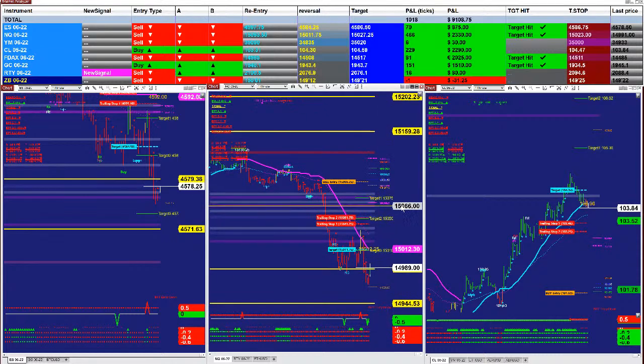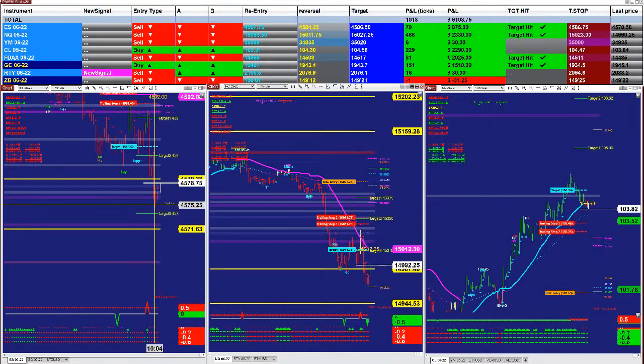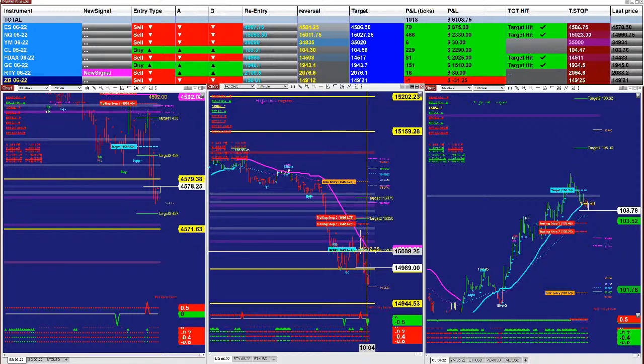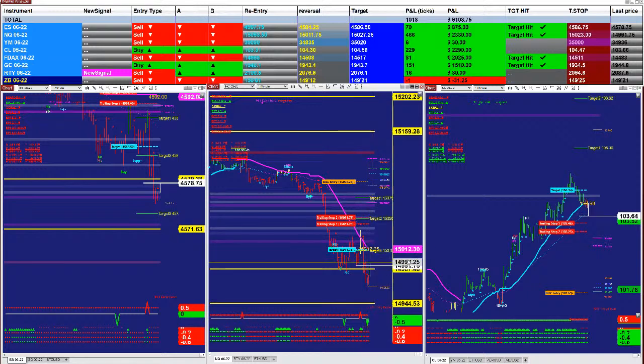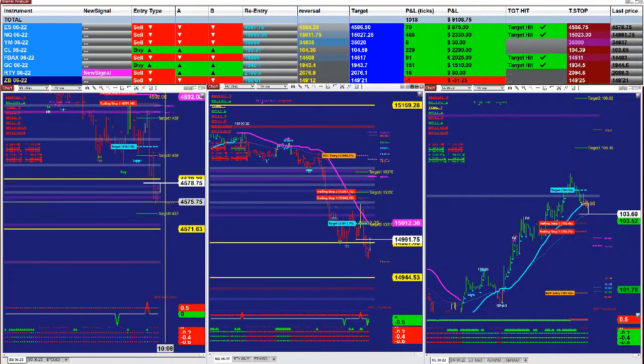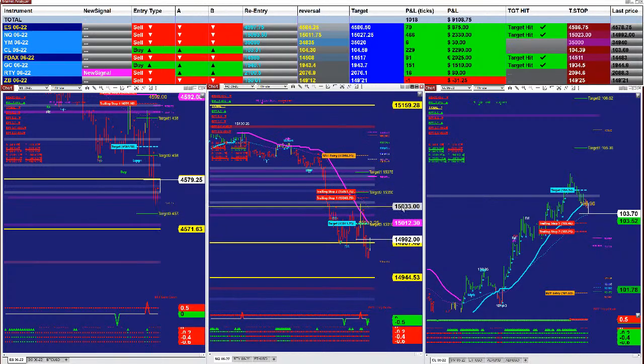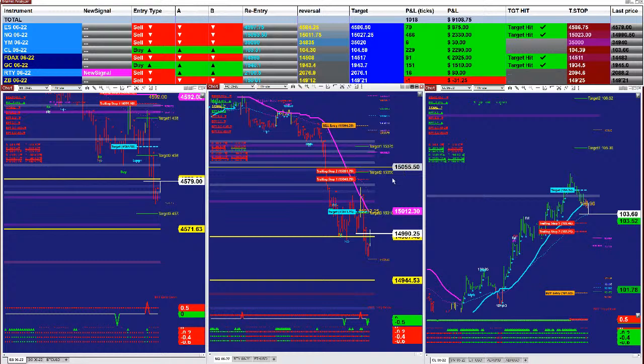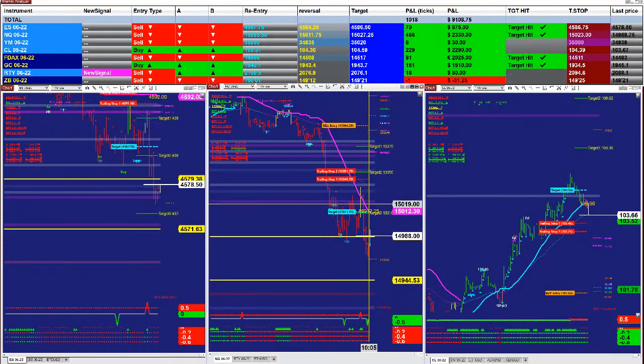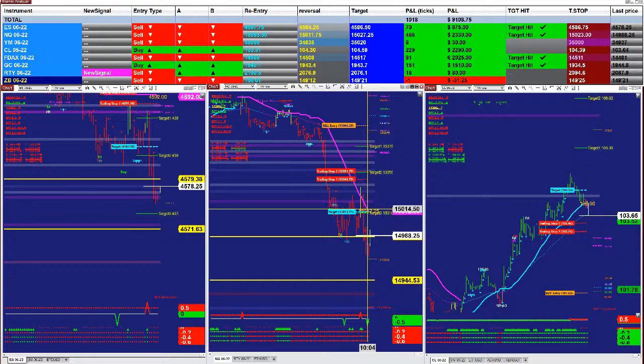For the Nasdaq, if the ES is able to break this one here, the re-entry is very valid on the Nasdaq. If the ES is not able to break that area here, you have to hold on the Nasdaq because there is a lot of resistance. So we just want to wait. There is a good potential for a short trade at 140.1450. So just bear with me.